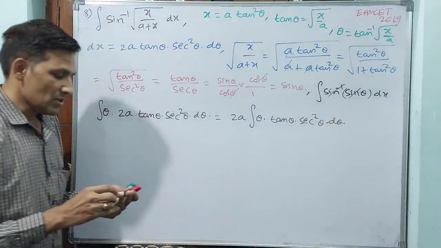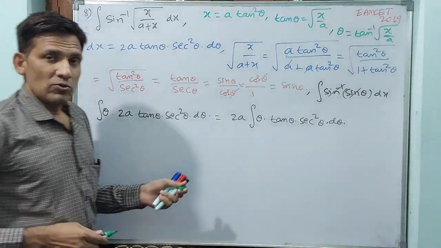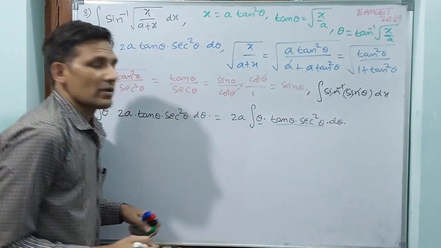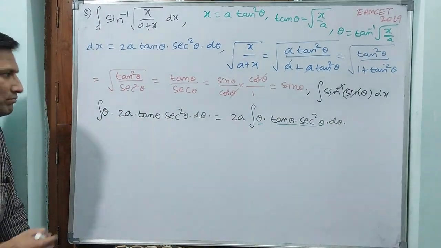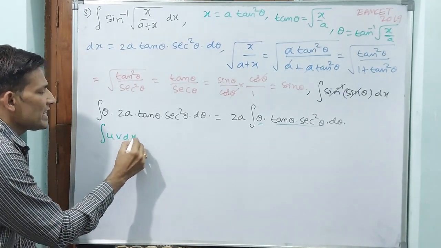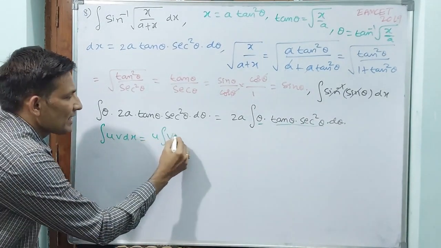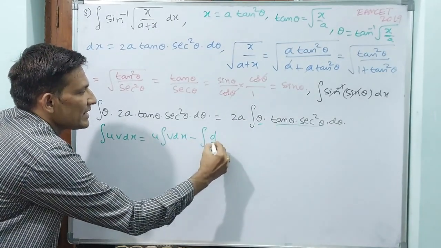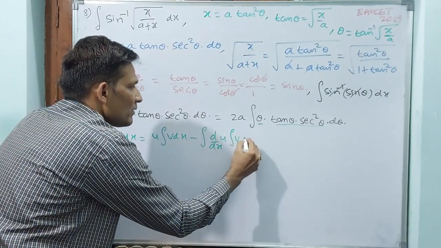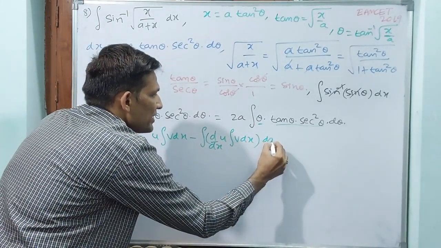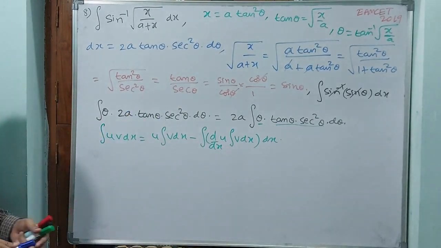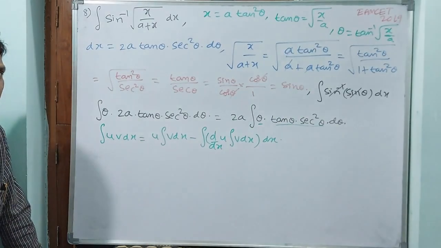You see now what I want to do, I will take this as u and this as v. Integral uv d theta. I am writing one formula, you see. Integral uv dx is equal to u integral v dx minus integral of d by dx of u, again integral v dx, but whole dx. This is the formula. Okay, according to the formula we will write that one. See, 2a is common.